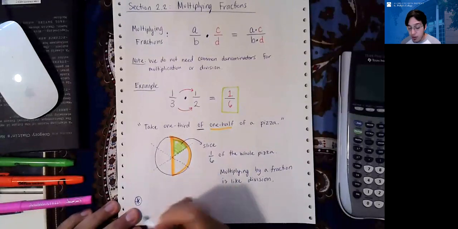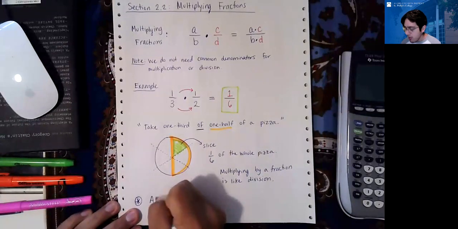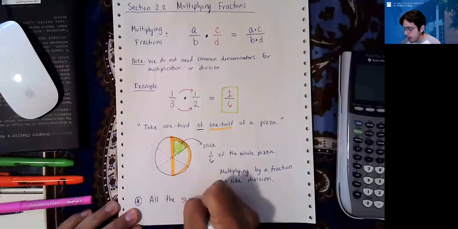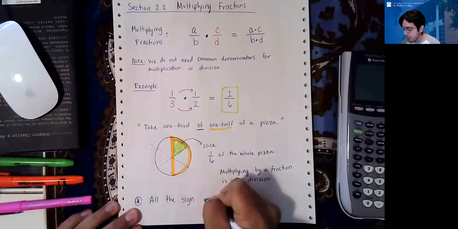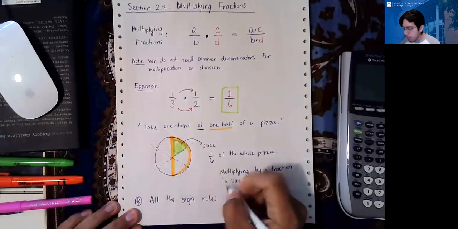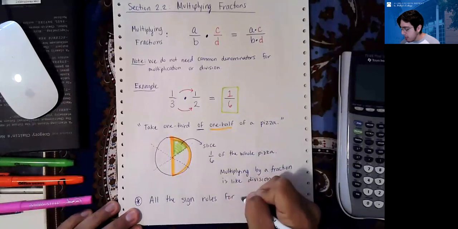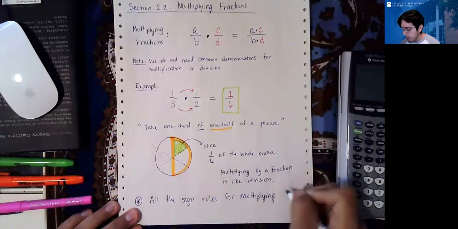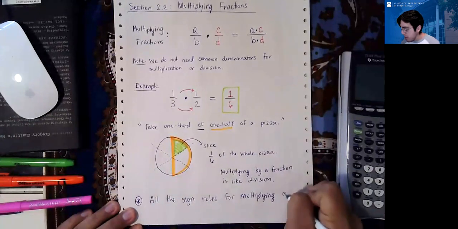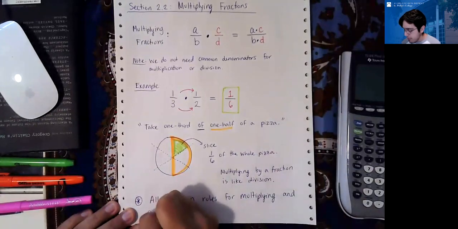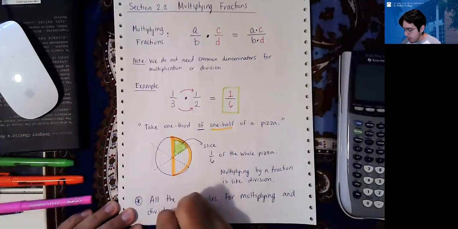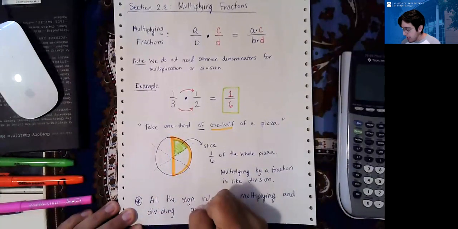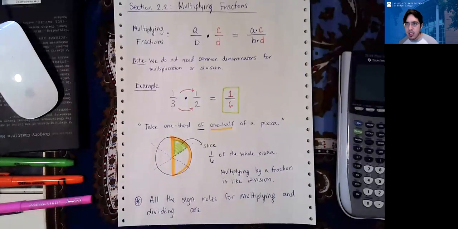That being said, another thing that you need to be aware of is that all the sign rules, that is with positives and negatives, for multiplying and dividing, are the same. That means that a negative times a negative is a positive, and a positive times a positive is a positive.